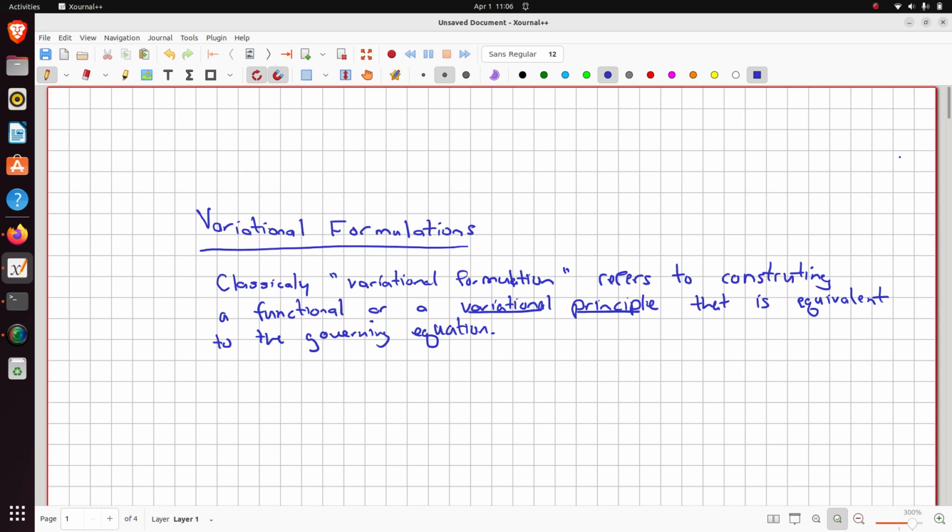And what we did was we used integration by parts to get those derivatives off of the variations so that ultimately we could invoke the fundamental lemma of the calculus of variations and recover the governing equation. But had we just left the del u's in there, that would be a variational principle, okay?